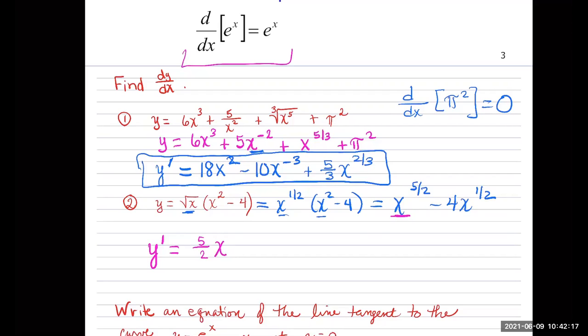So 5/2 minus 2/2 would be 3/2. 4 times 1/2, so that would give us 2 x, and what will the exponent be on that x when we take the derivative? Good, negative 1/2. 1/2 minus 1 is minus 1/2.